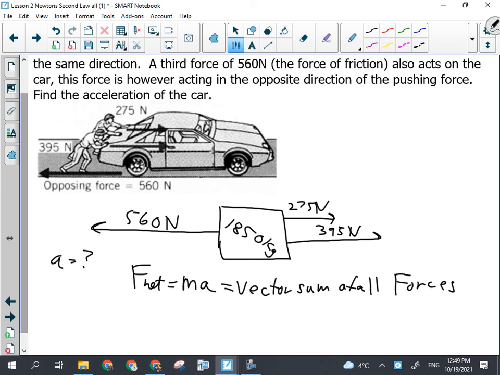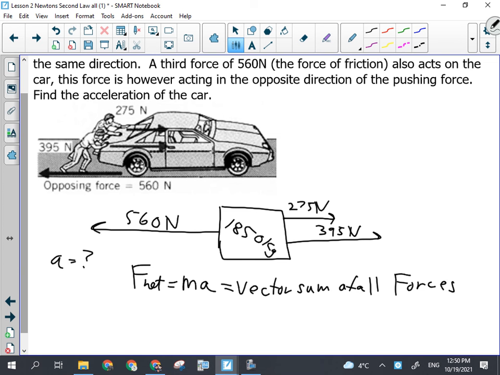Your net force is the vector sum of all the forces acting on the object. If that comes up to 0, what's the car doing? Not moving or moving at a constant velocity. There would be no acceleration if this adds up to 0.